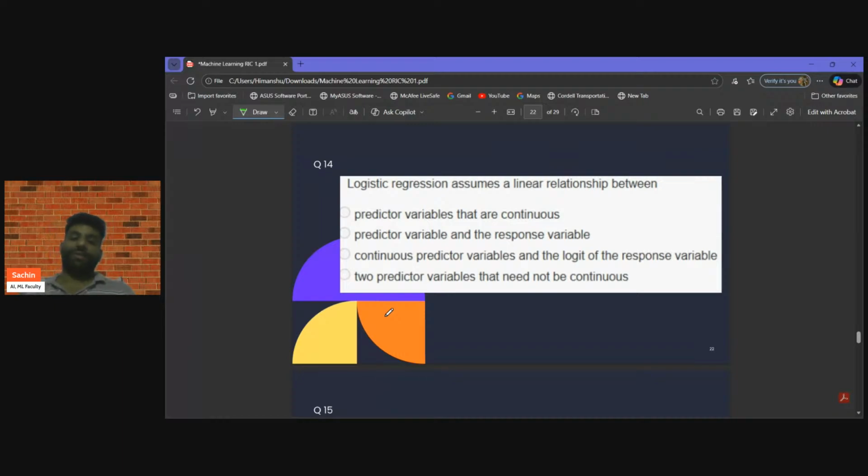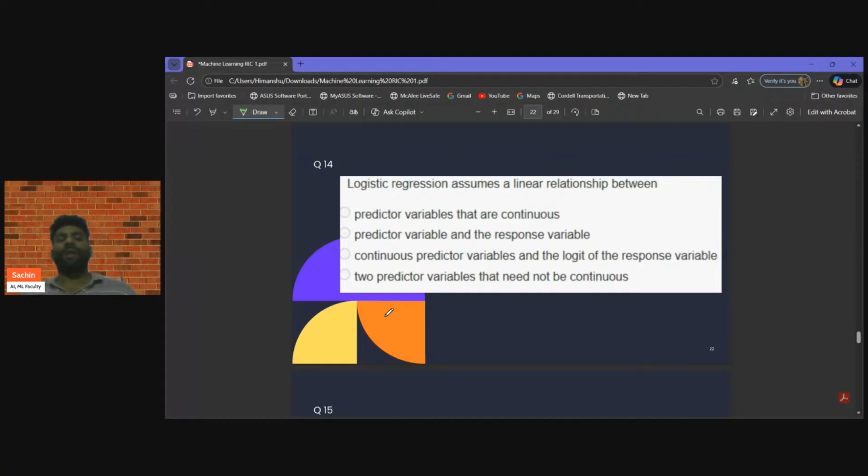Continuous predictor variables and the logit of the response variable. Now, what is this logit? I'll talk about that if you don't know, but I have talked about that within the cheat sheet already. Okay. Two predictor variables that need not be continuous. Just giving the context for understanding. So what exactly is the correct option over here?